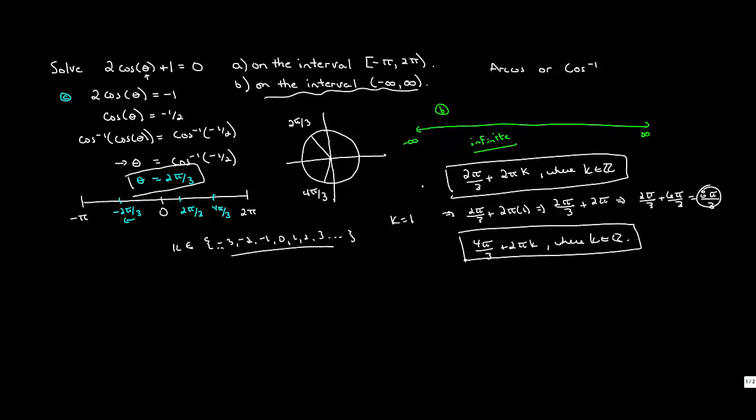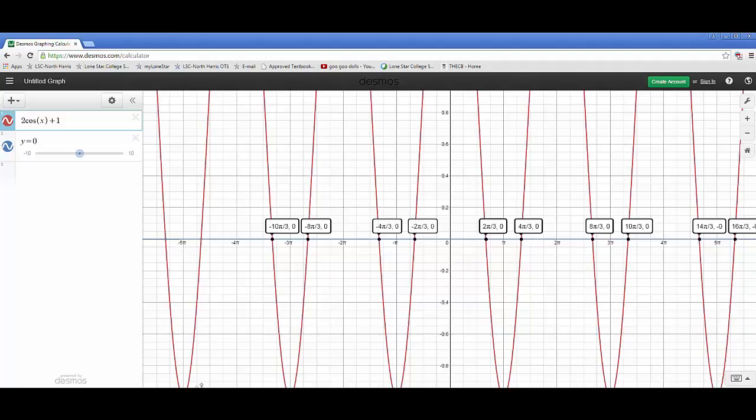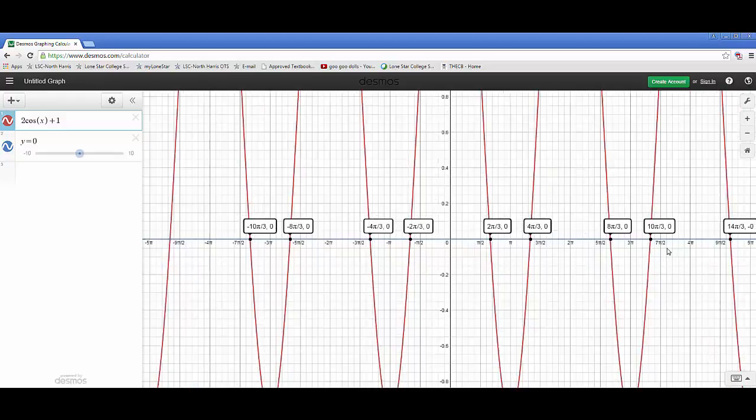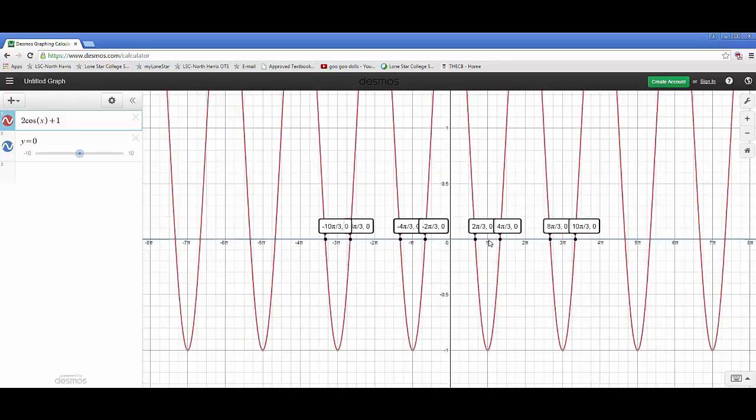So this first guy right here is all of these. It's this one, this one, this one. Notice I'm just adding 2 pi. So here, add 2 pi, add 2 pi, add 2 pi, or we can subtract 2 pi, subtract 2 pi, and so on.